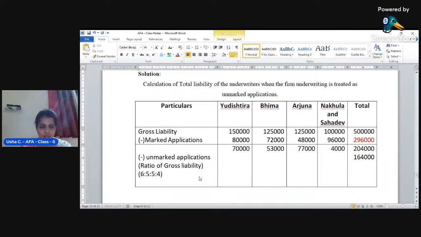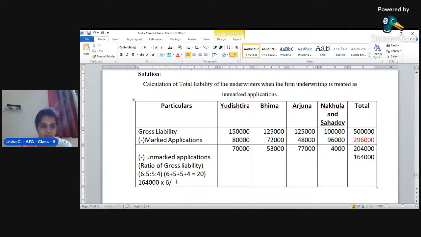First one I'll show you. 1,64,000 is the total unmarked application. For the first underwriter, what we should do? What is the ratio of the first underwriter? 6. But what is the total portion for total ratio? Total ratio means 6 plus 5 plus 5 plus 4 is equal to 20. This is the total portion. Out of total 20, 6 is first underwriter, like that.